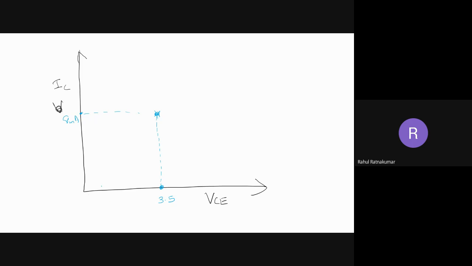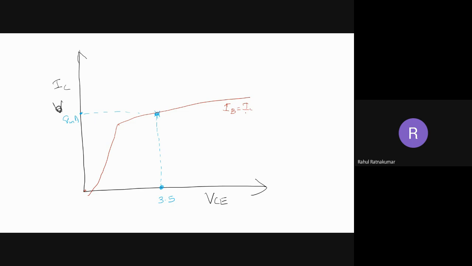It may be a part of some collector curve, something like this, corresponding to some IB, maybe IB equal to 8 milliampere by beta.